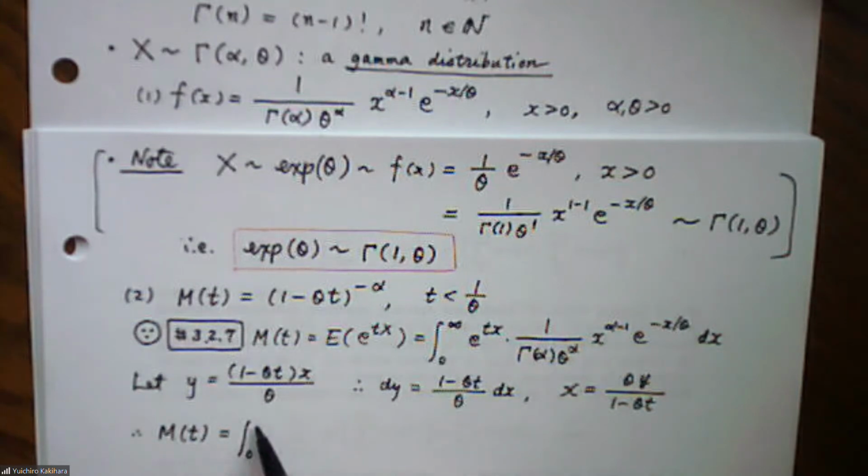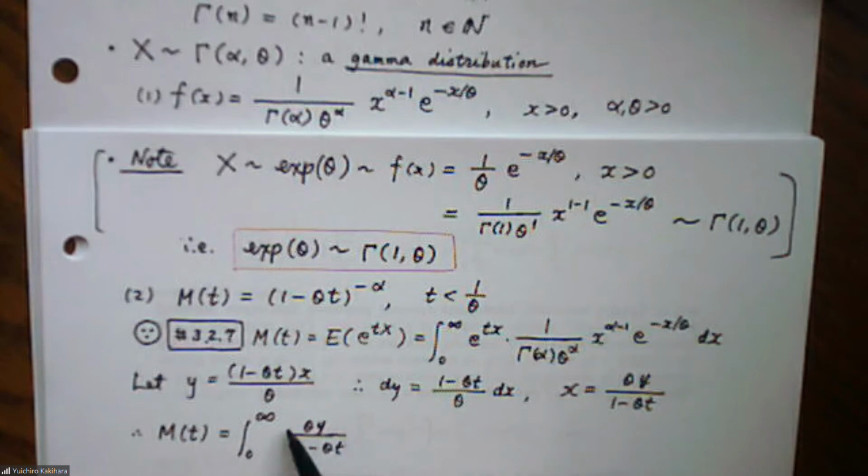this is again 0 to infinity, and then e to the tx, that part is, well, x to the alpha minus 1, that part is theta y over 1 minus theta t.